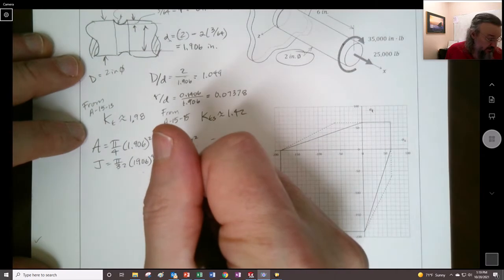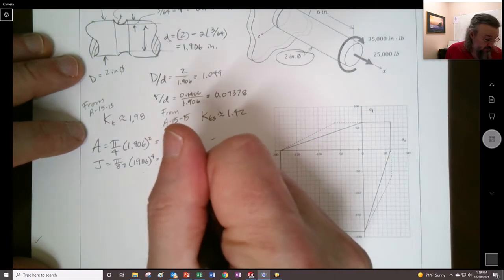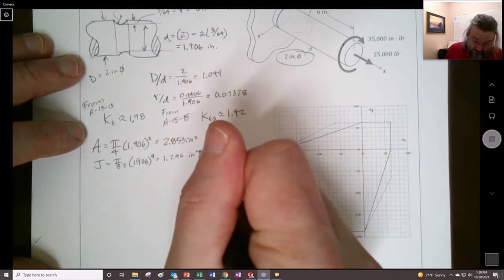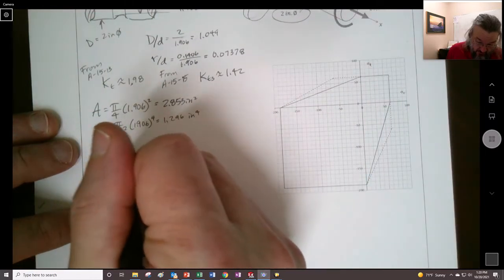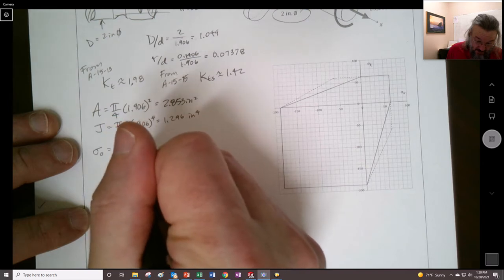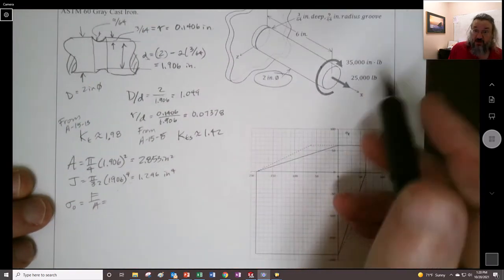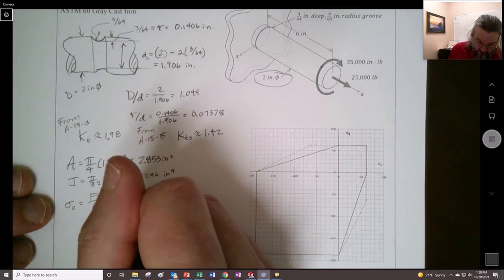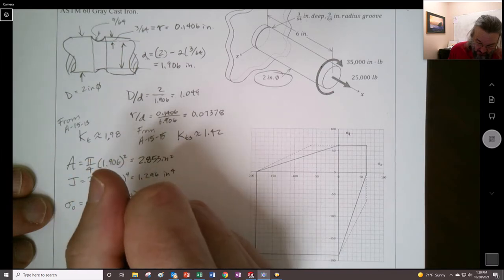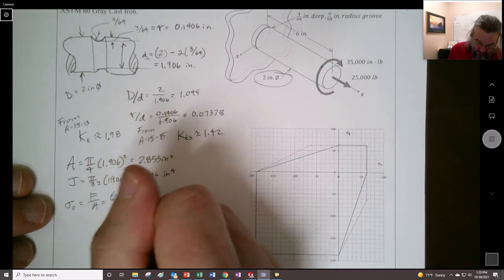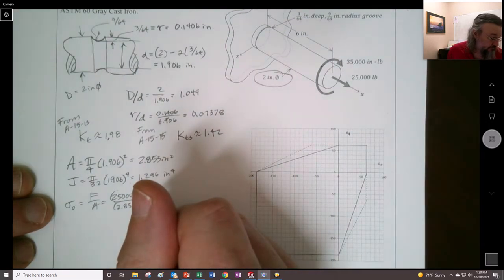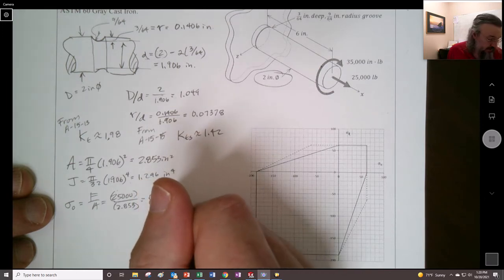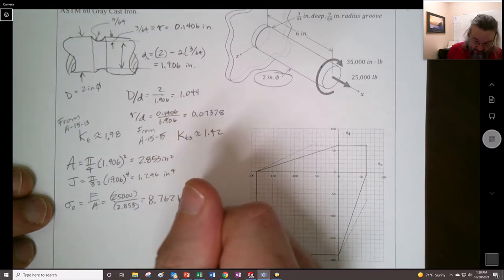And so that is 1.296 inches to the fourth. So the nominal stress in this, just F over A, so 25,000 divided by 2.853, and so we end up getting 8.762 KSI.